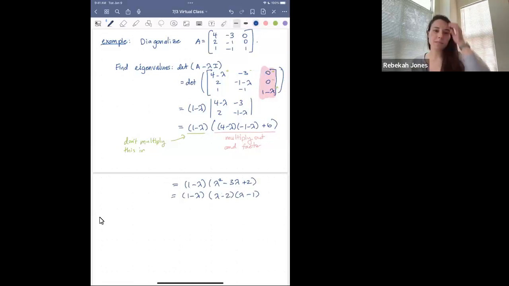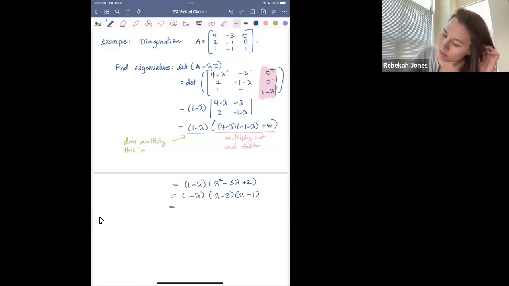There we go. Okay. And then in this 1 minus lambda, I can pull out a negative, which will give me a lambda minus 1 that I can combine with this other lambda minus 1 there.